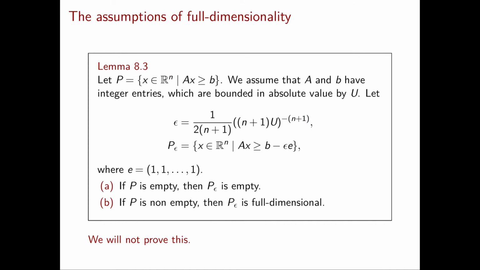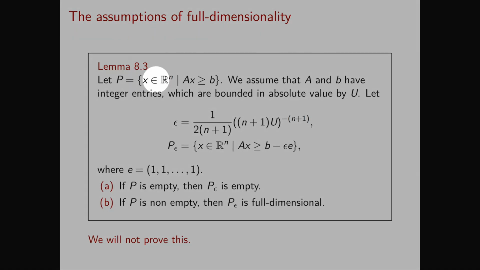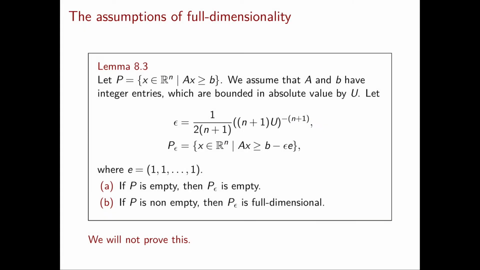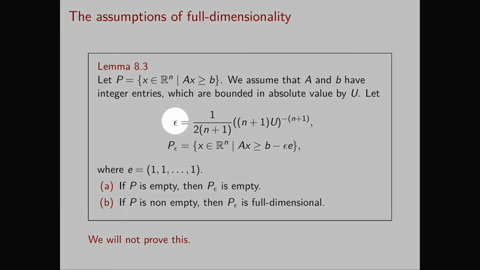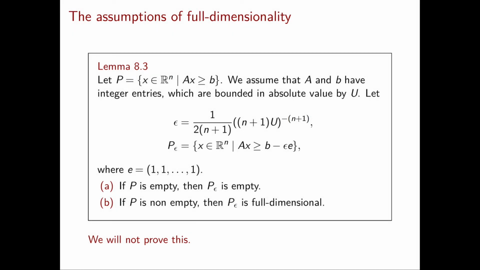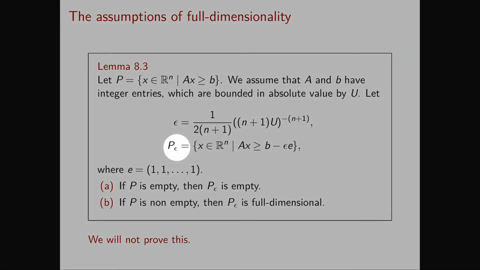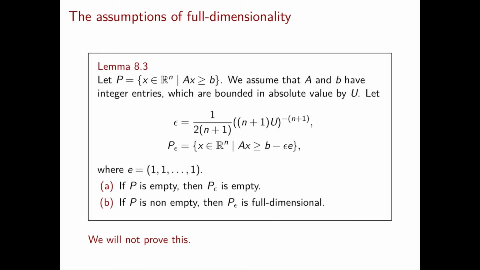In lemma 8.3, we consider our polyhedron P given by the set of points in Rn that satisfy Ax greater than or equal to B. Without loss of generality, we assume that A and B have integer entries, which are bounded in absolute value by capital U. We then define our epsilon using this formula over here, that is just a function of n and capital U. And then we use epsilon to define P epsilon as the set of points in Rn that satisfy Ax greater than or equal to B minus epsilon times the vector of all ones.